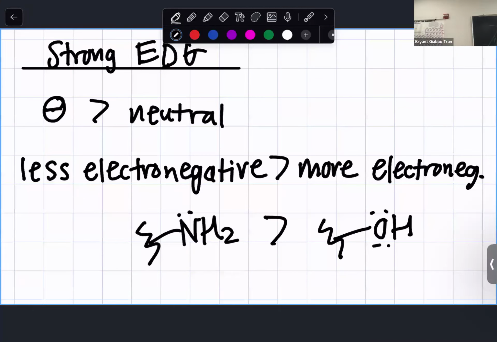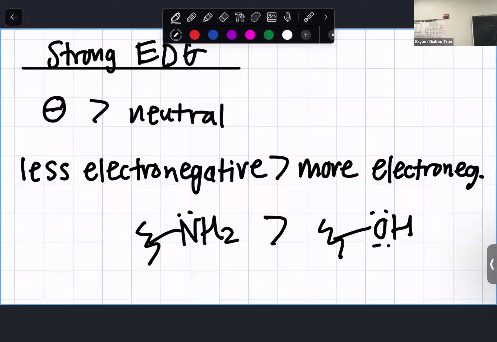NH2 here is a stronger EDG than OH because nitrogen is less electronegative than oxygen. Since nitrogen is less electronegative, it is more willing to donate its electrons. Oxygen is more electronegative, which means it wants to keep its electrons. It doesn't want to donate them as much as nitrogen does.